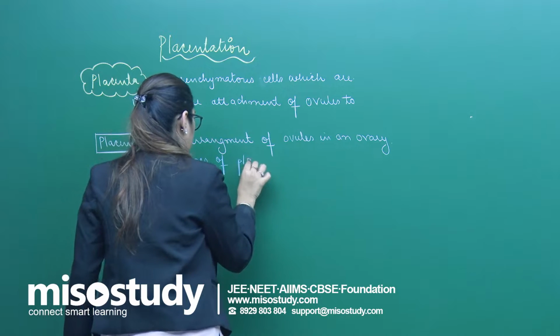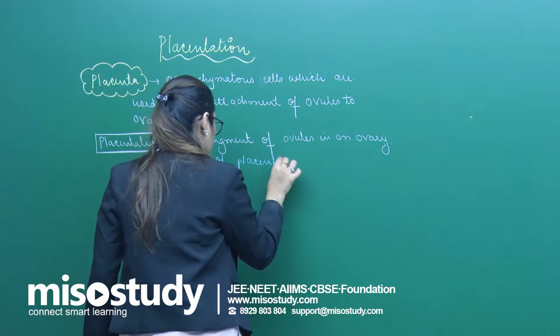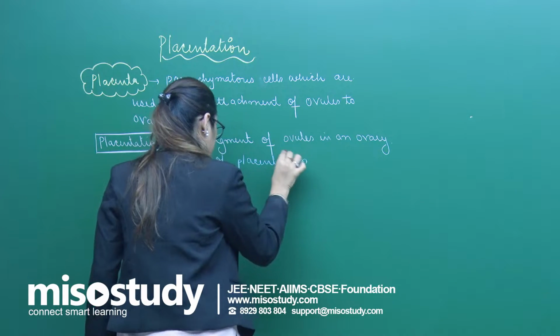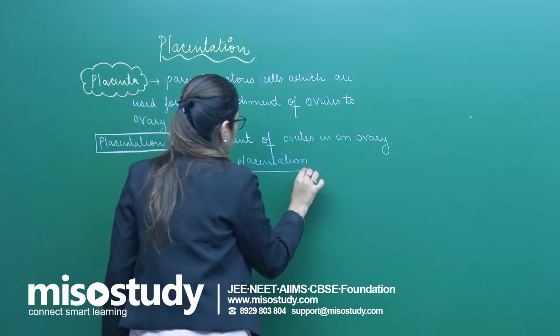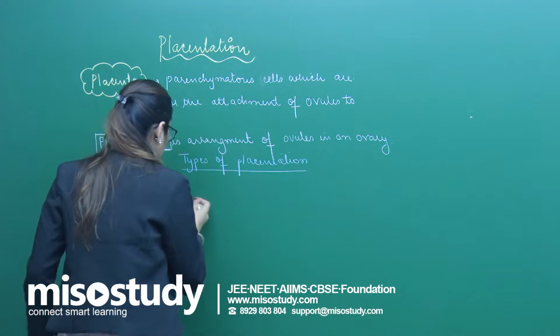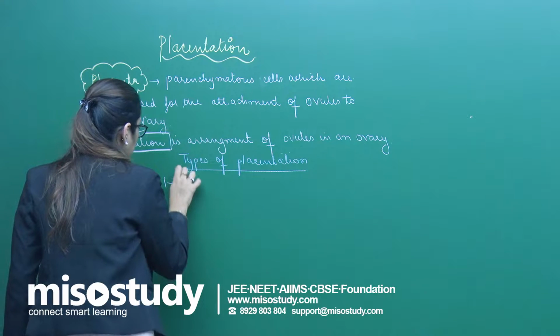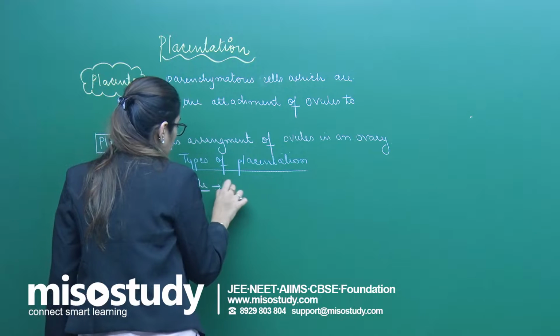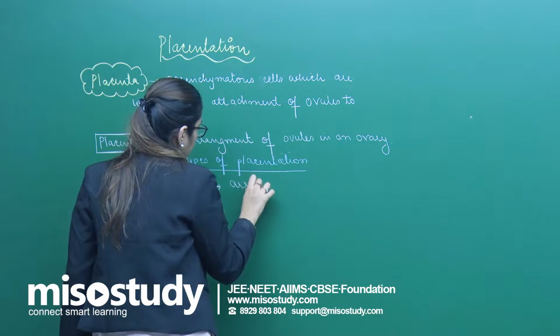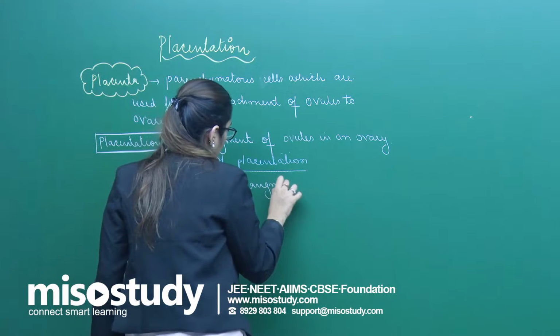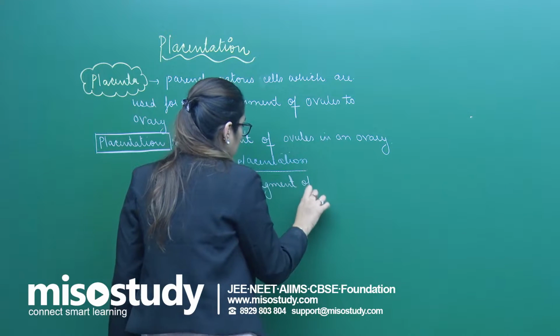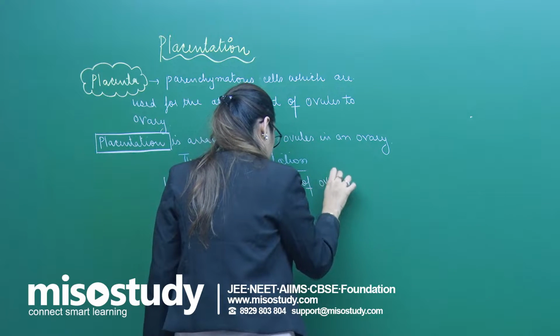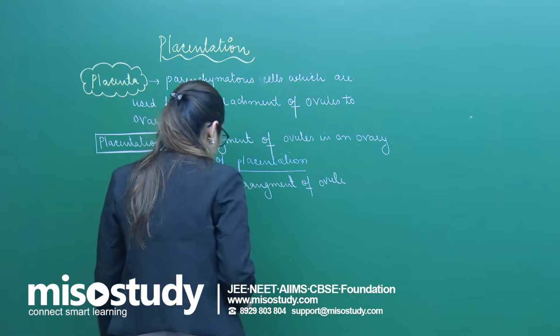So, let us discuss about the types of placentation. In this we have different types. The first we have is axile. Or let us do one thing.